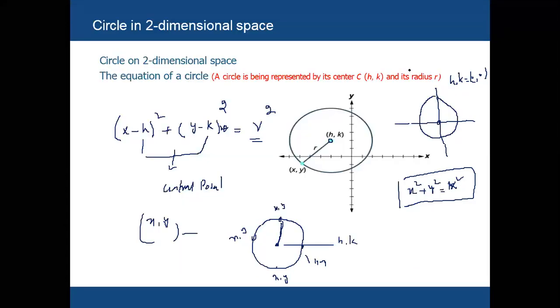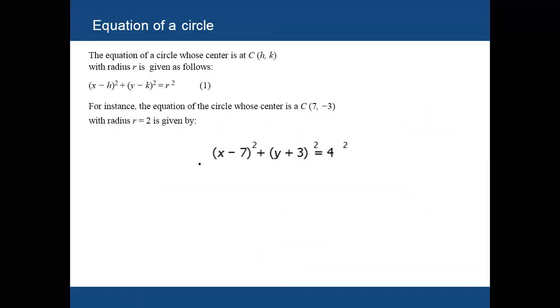Now let's suppose the equation of a circle is given, and points are given. So how can you find the radius, and how can you find whether these points are outside or inside the circle? Like, the equation of a circle and points are given. These are the central points. So how can you write the equation? We know that x minus h square plus y minus k square equal to r square.